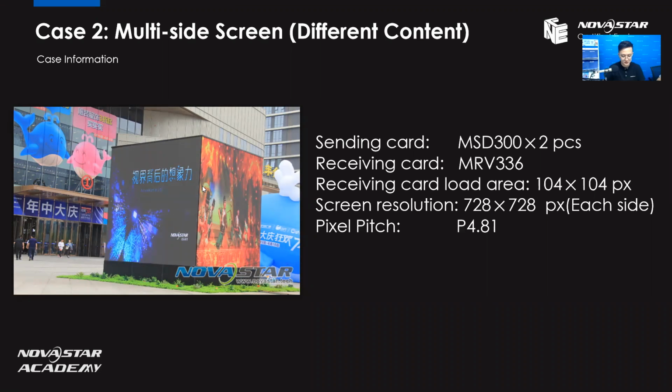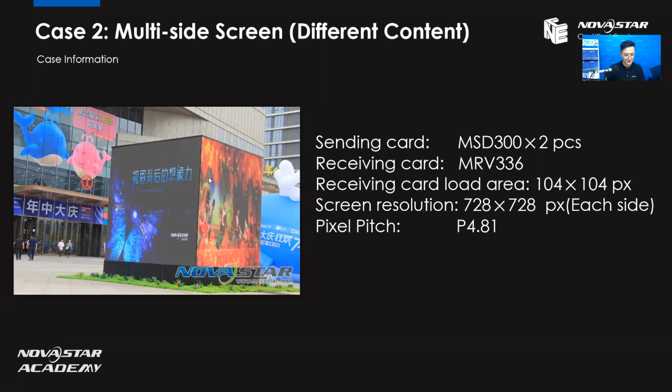The receiving card loading area is 104 by 104 pixels, and the screen resolution is 728 by 728 for each side. So each side has the same pixel resolution. So you can think about how to make the system structure and how to do the software setting.